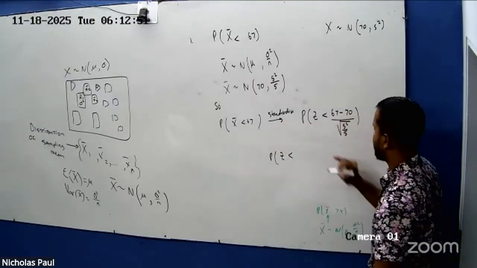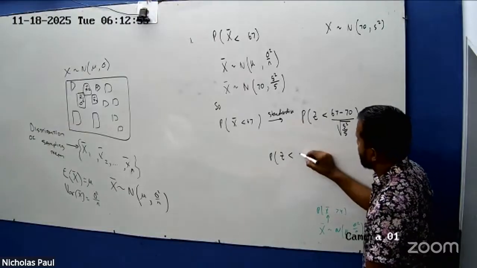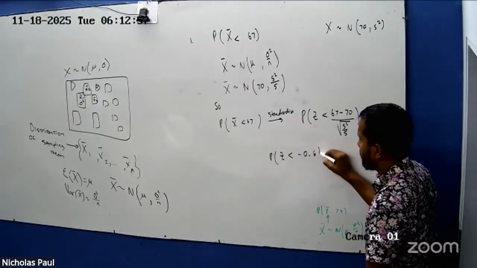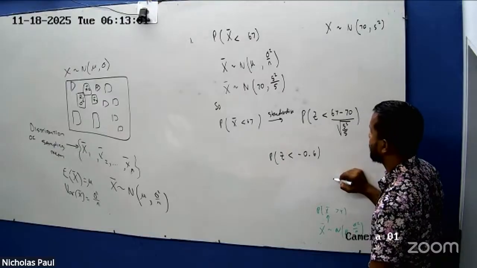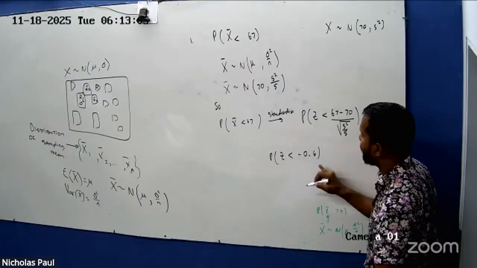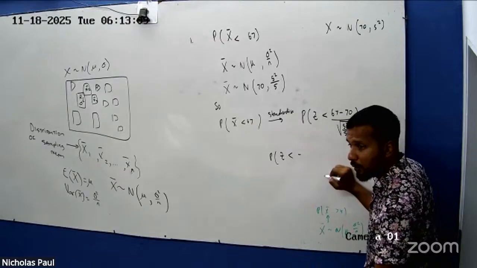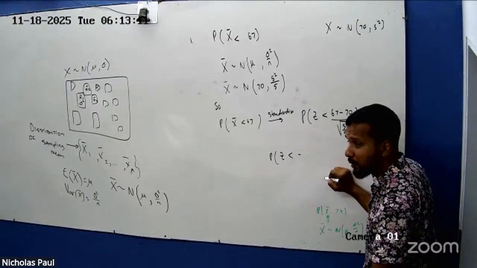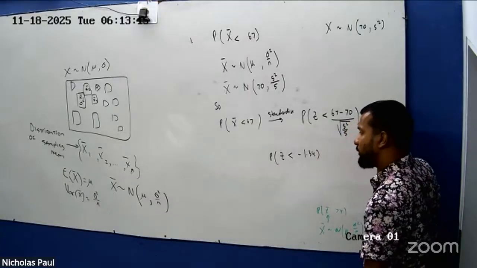It's root 5 anyway. How much? Minus 1.34. And then go to your table.